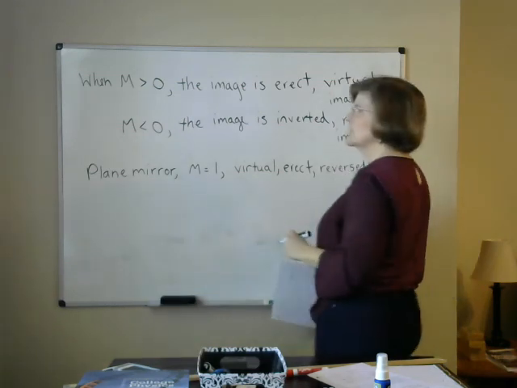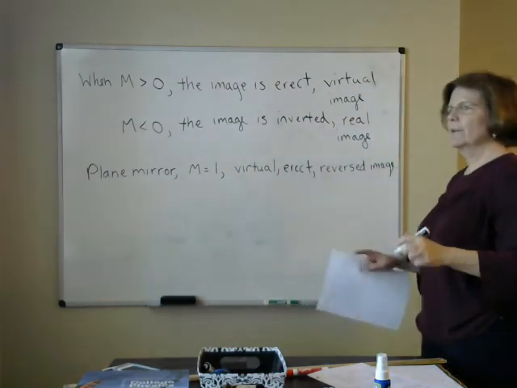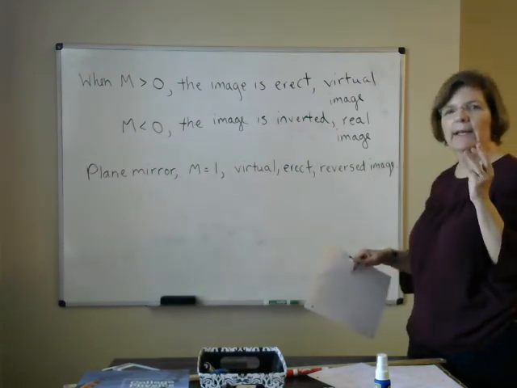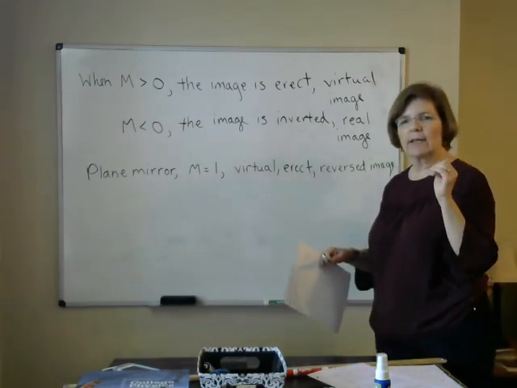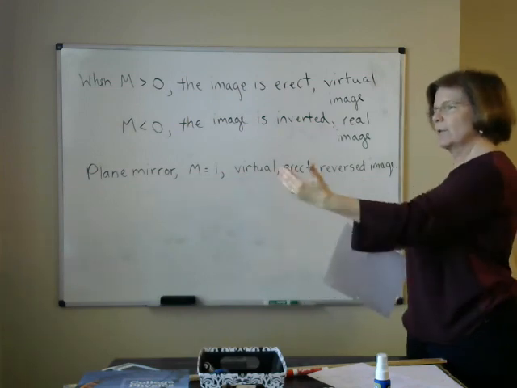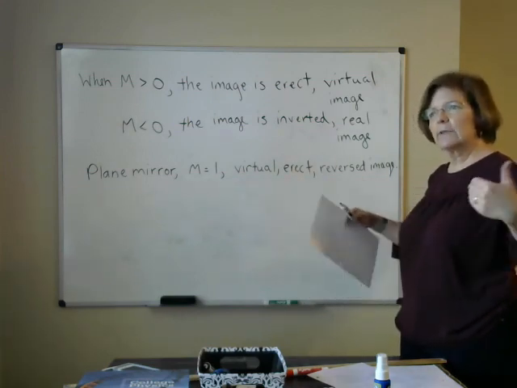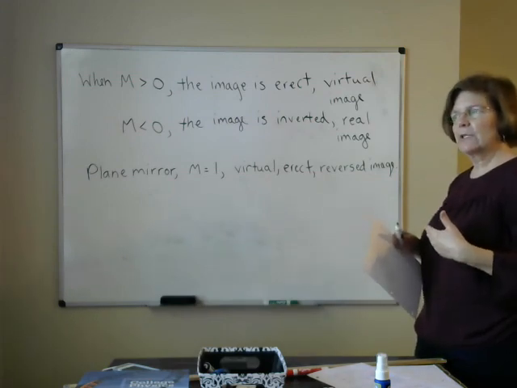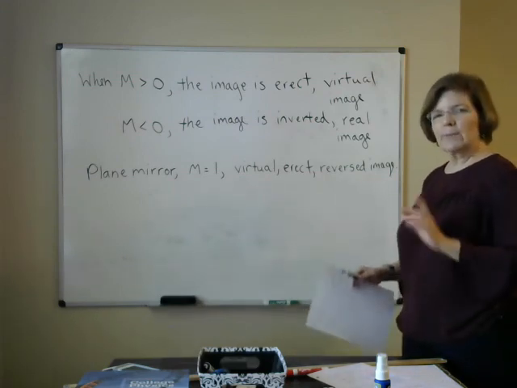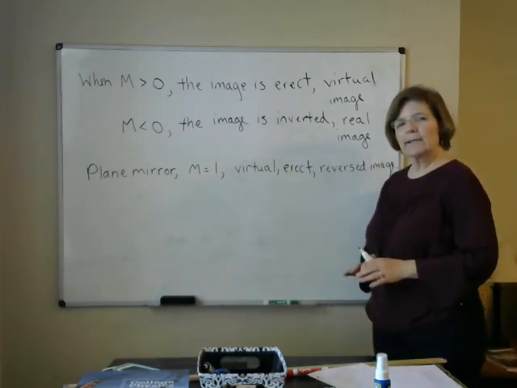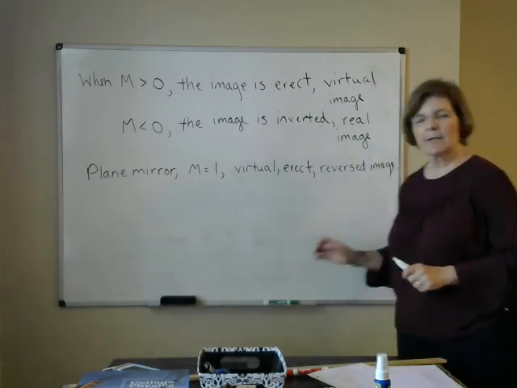And by reversed image, when you look at yourself in a mirror and you notice that, well, if you're married anyway, that your wedding band is on your left hand, it looks as if the person in the mirror is wearing a wedding band on their right hand. So the left to right part is reversed, but it is a virtual image that still appears to be upright. Okay, that's our first lesson, and I'm going to stop right here.